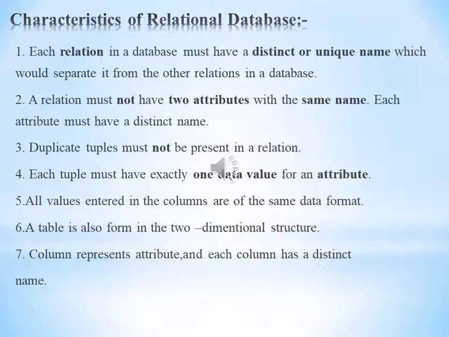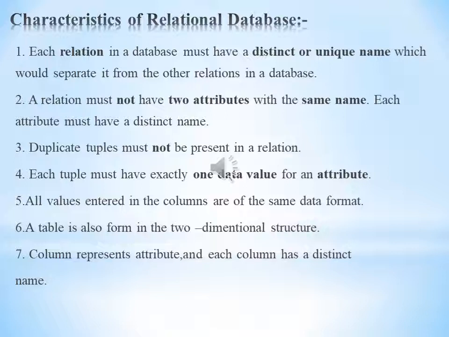Now, characteristics of relational database. The first is, each relation in a database must have a distinct or unique name which separates it from the other relations in the database. A relation must not have two attributes with the same name. Each attribute must have a distinct name.